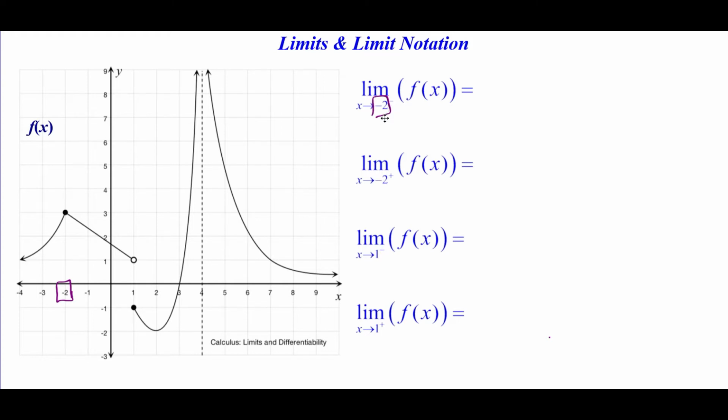Once you find that x value, give yourself a vertical line. Because of the negative sign, I want to look at the left side of that function. Pick a point just to the left, and then think about traveling along that function towards the vertical line. What is the y value that you're approaching? In this case, we're approaching the y value of 3. So my limit as x approaches -2 from the left is equal to 3.